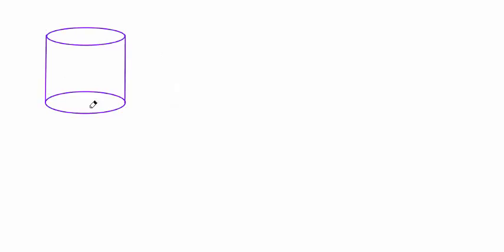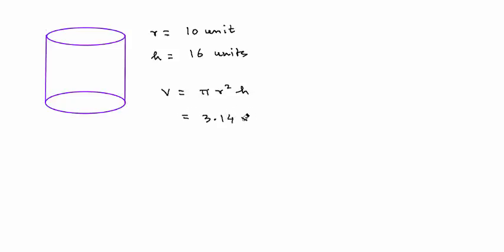Let's say we want to find the volume of a cylinder whose radius is 10 units, a certain unit of length, and the height is equal to 16 units. The volume of a cylinder is given by the formula pi r squared h. So this is going to be equal to pi, which is a constant 3.14, multiplied with the square of the radius.